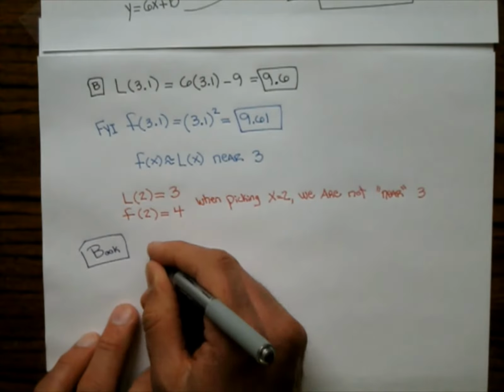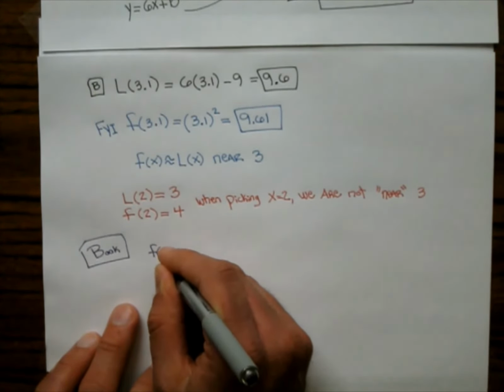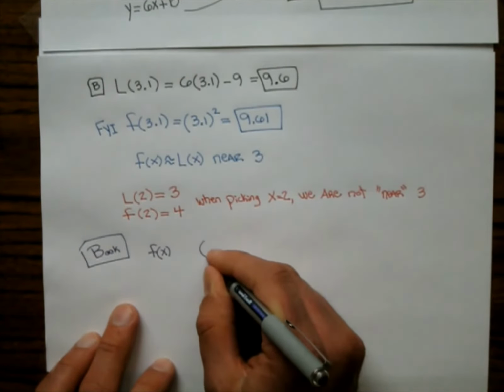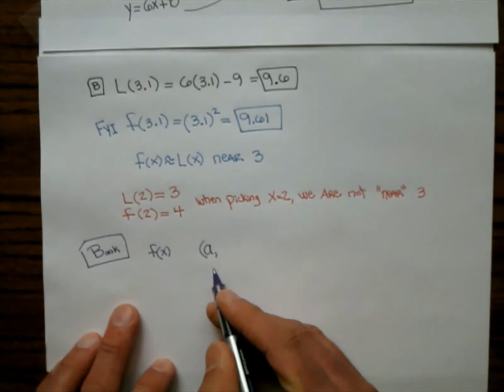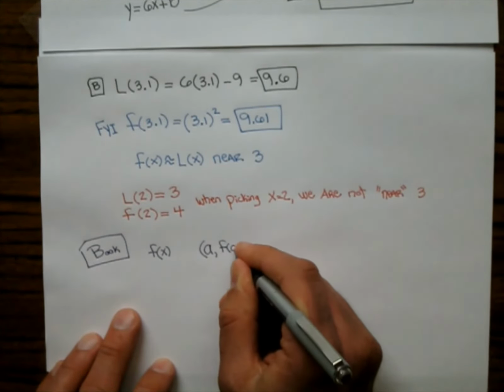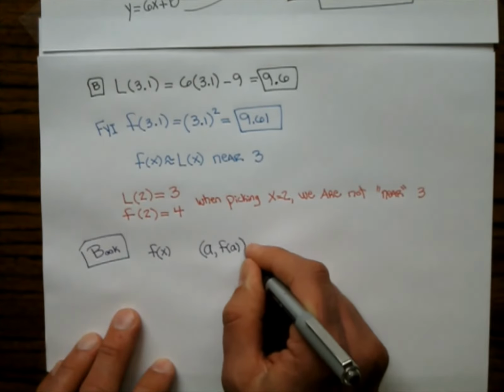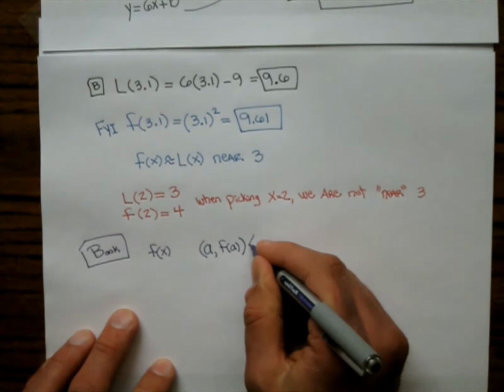So basically, you've got a function f of x. And they want you to find the linear approximation at the point a, or the x value a. So the y value is going to be f of a. So this is going to get a little theoretical. Some of you might want to close your eyes. So there's the point.